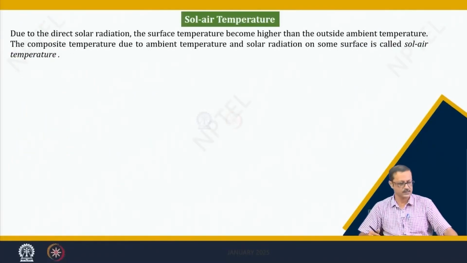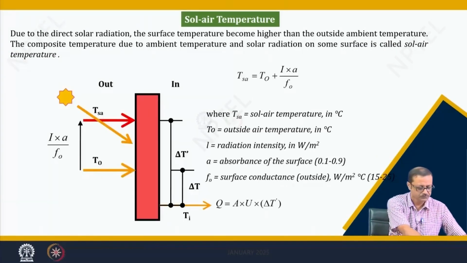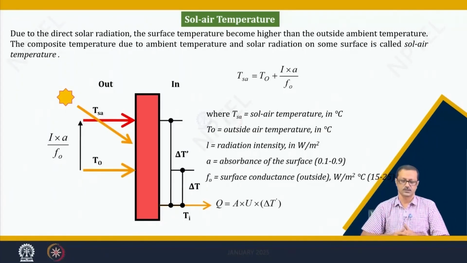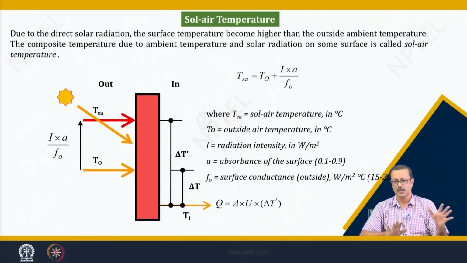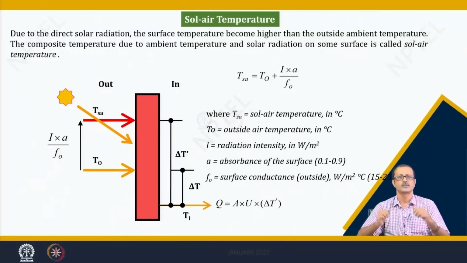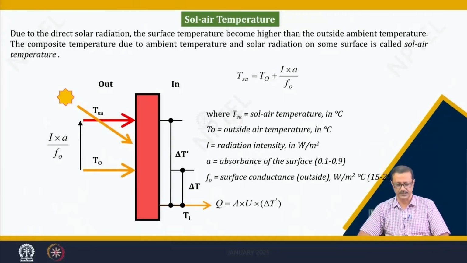Then next is a very important thing, the solar temperature. See, because of the solar radiation which strikes the surfaces, the surface temperature increases. If you just touch a wall which is under solar radiation, and another wall, the same material, same color, same thing, but under shade, definitely the wall which is under solar radiation will be higher in temperature.